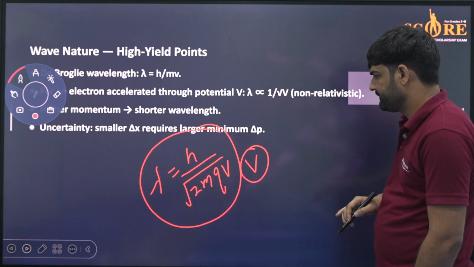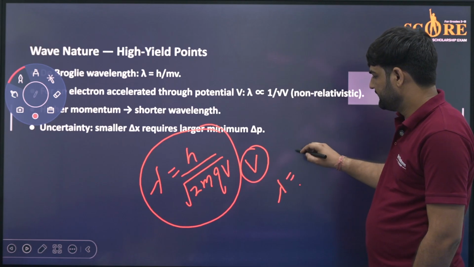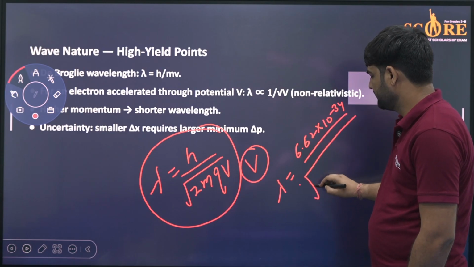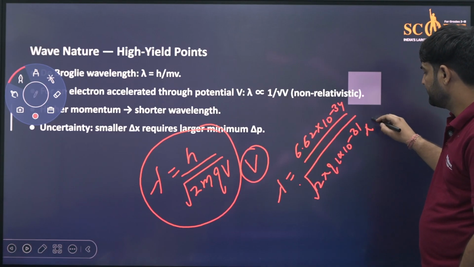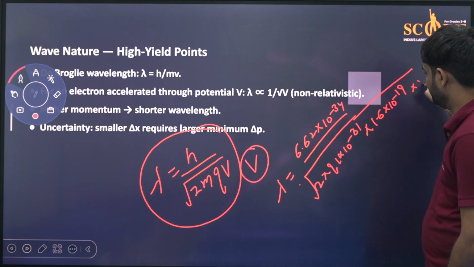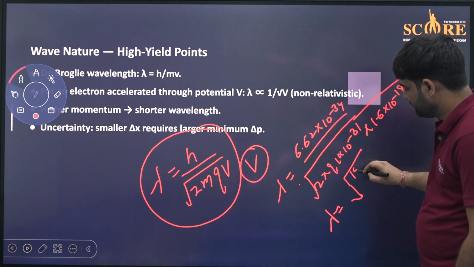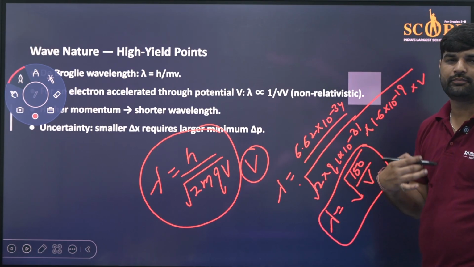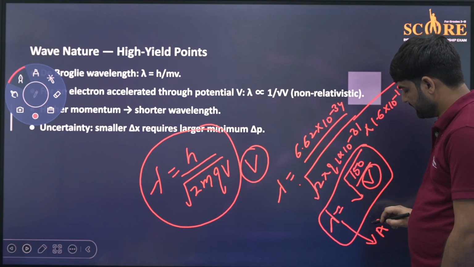When we are talking about an electron, h is 6.62 multiplied by 10 raised to power minus 34, mass is 9.1 multiplied by 10 raised to power minus 31 kg, charge of electron is 1.6 multiplied by 10 raised to power minus 19, and voltage will be V. Then you will find this relation, root of 150 upon V, and if you put voltage in volt, then lambda will be in angstrom.